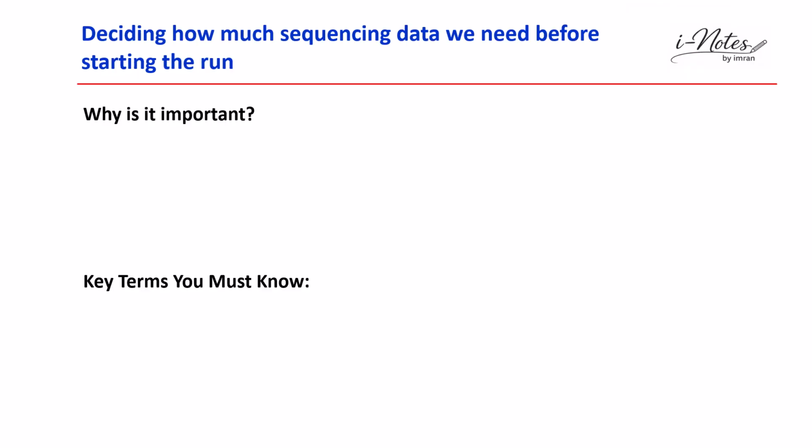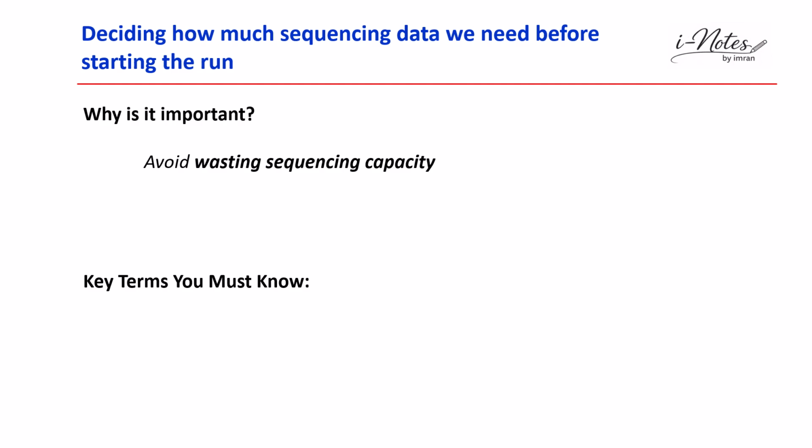And why is this important? Because if you know the right amount of data which we need to generate, then only will you avoid wasting sequencing capacity. Because when you buy a very costly flow cell for a sequencing platform, you have a specified maximum amount of data that can be generated using the flow cell.